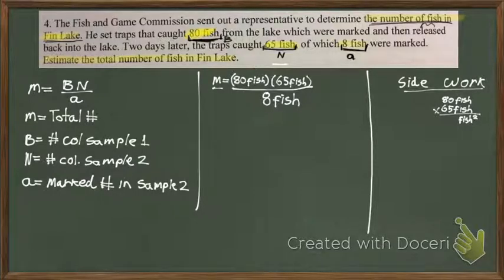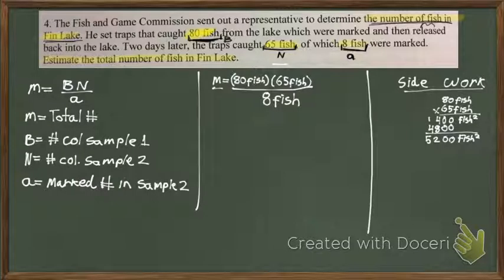5 times 0 is 0. 5 times 8 is 40. Add a 0. 6 times 0 is 0. 6 times 8 is 48. Sum it all up, and we've got 5,200 fish squared in the numerator.